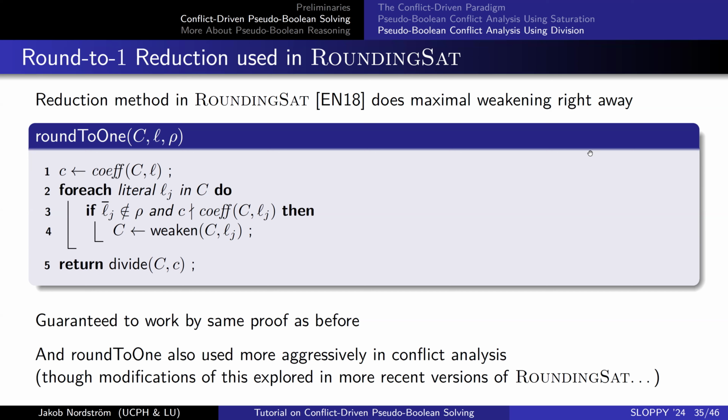So you could actually just weaken everything away, and then you know at that point you have a slack 0 constraint. And this would be this algorithm. Just weaken away all the non-falsified literals with coefficients not divisible by the coefficient of the propagating literal, and divide, and that's my reduced reason. Okay.